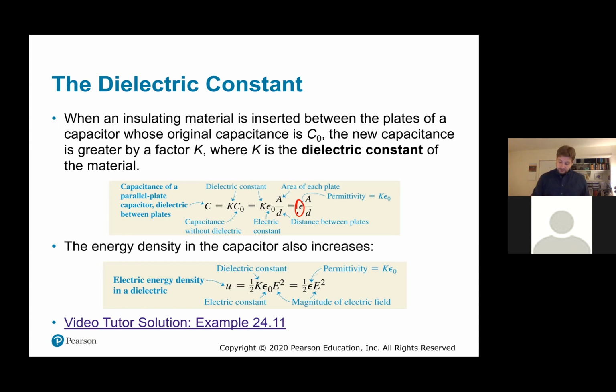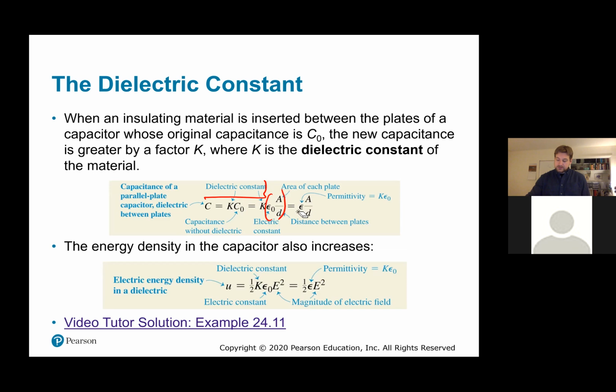And we end up changing the permittivity by a factor K, or kappa, which is called the dielectric constant. Here's the original capacitance, and we increase it by a factor K, kappa.